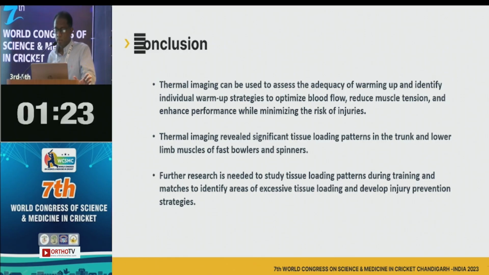Everyone knows the benefits of doing a proper warm up by this time. This is another technique which reveals significant tissue loading patterns at the trunk and lower limbs of the fast bowlers and the spinners.